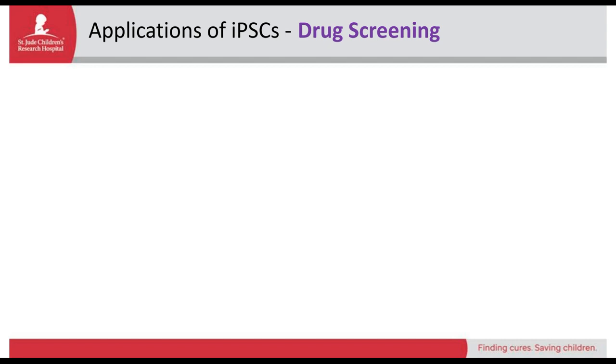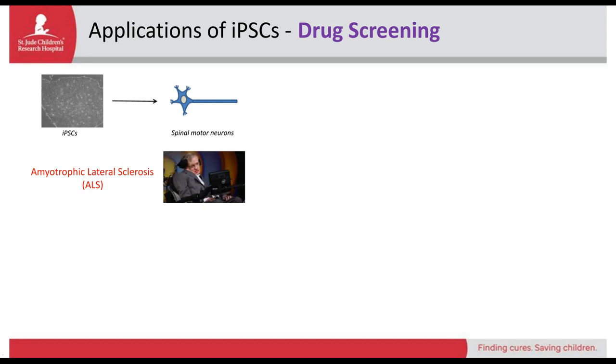So several labs around the world have developed protocols, based on what we know from developmental biology studies, to differentiate human iPSCs into spinal motor neurons of the spinal cord. Now, these neurons are significant in a disease called amyotrophic lateral sclerosis, or ALS, which is a progressive disease where the spinal motor neurons undergo progressive neurodegeneration, which starts with causing muscle weakness, resulting in eventually a complete inability to use your muscles.